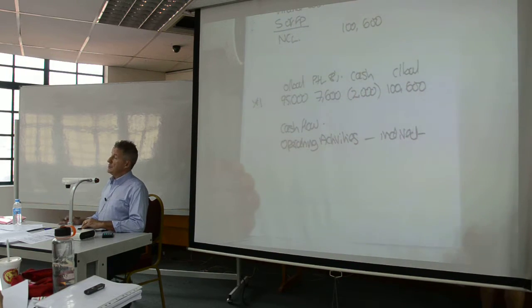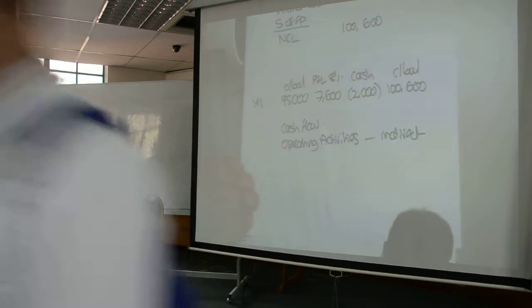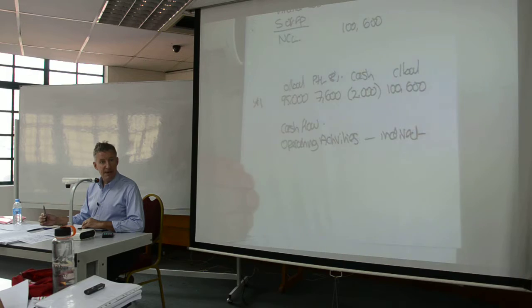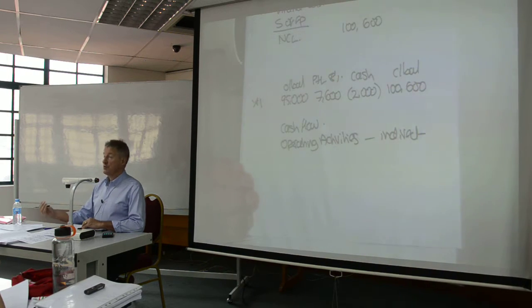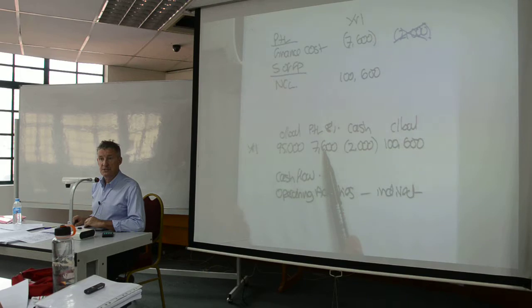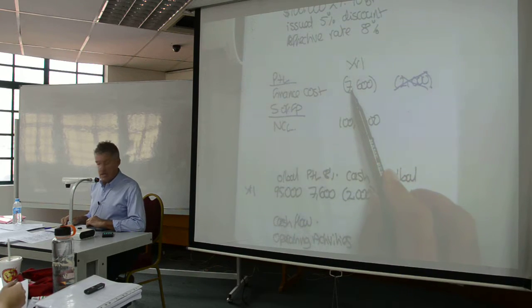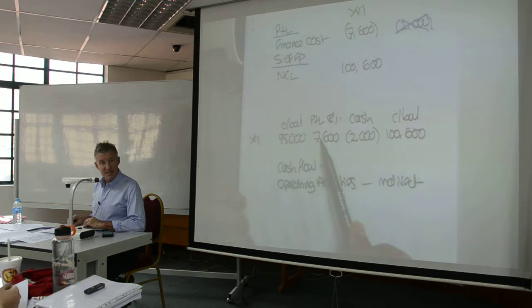What you do with your indirect method is you add back the non-cash expenses. So you add back depreciation, because depreciation has caused profit to come down, but you haven't paid it. This finance cost is a non-cash expense. You've debited the P&L with 7,600, and you've credited the liability with 7,600.